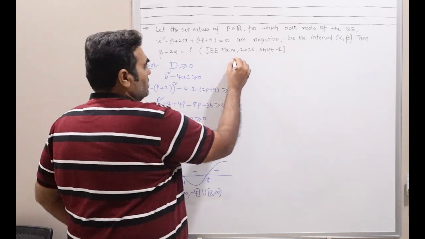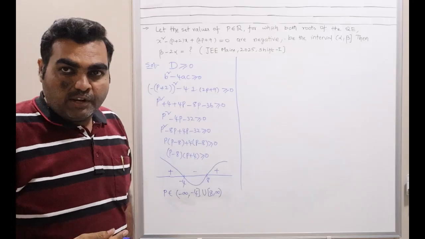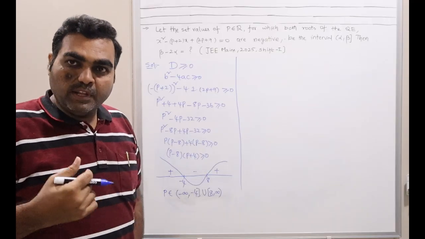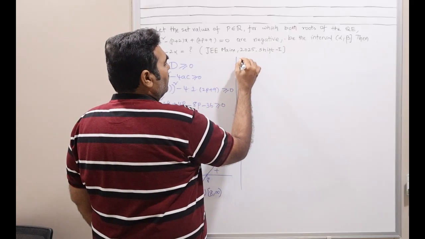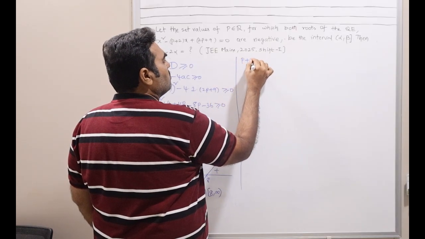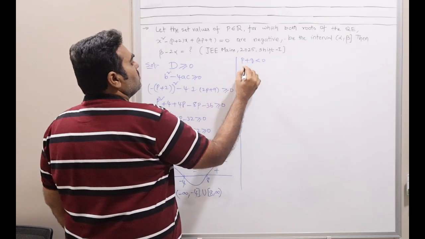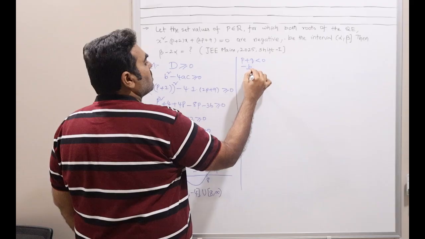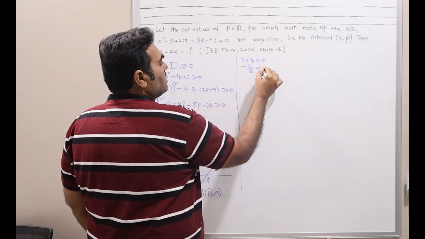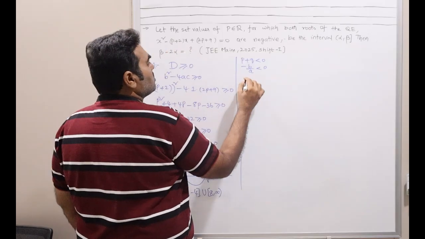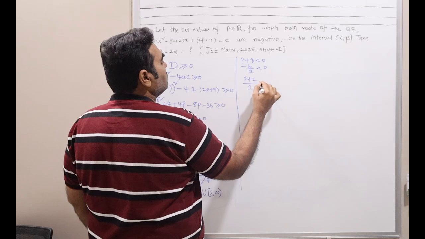The next condition is, he says both roots are negative. If both are negative, then if you take the sum of them, that will be negative. So let us say p and q are the roots, p plus q will be negative. The sum of the roots is given by minus b by a. So minus b by a is negative, where minus b is p plus 2, and a is positive, a is 1.